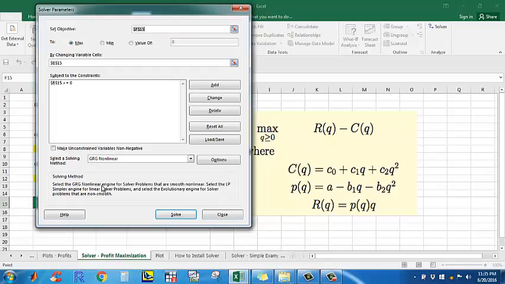So I leave it to you to not have this constraint and to check this option, which is the default setting, and see whether the solver gives you the same answer. Anyway, then select a solving method. Well, GRG nonlinear, because this is indeed a smooth nonlinear problem, and let's click on solve.